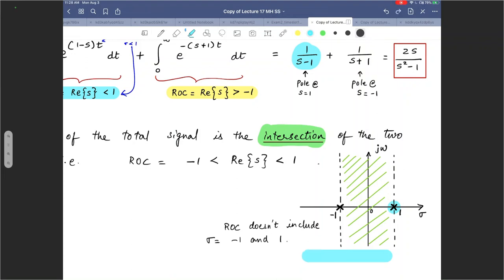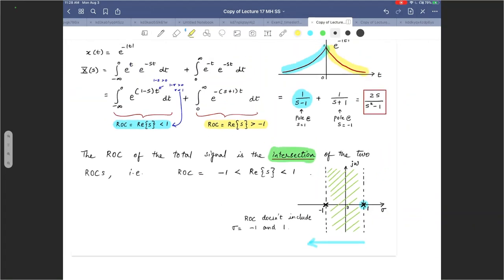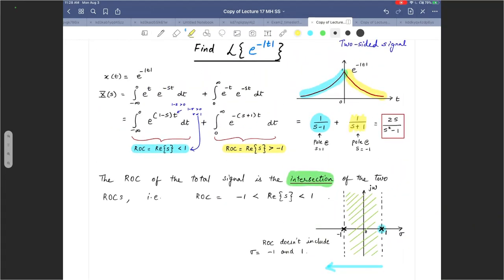And for the other piece, yellow, you've got 1 over s plus 1 here. And that's how we know that it is negative 1 there, the pole. But its region of convergence is actually moving this way.